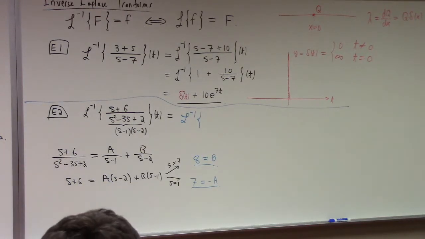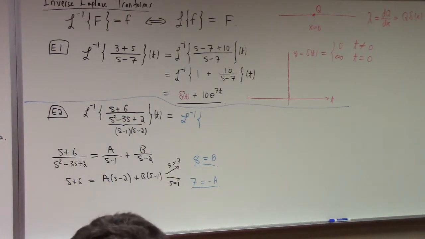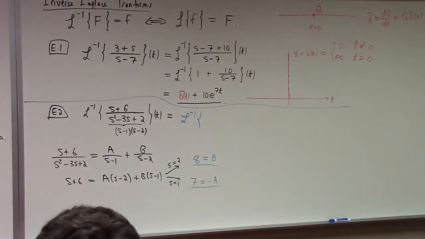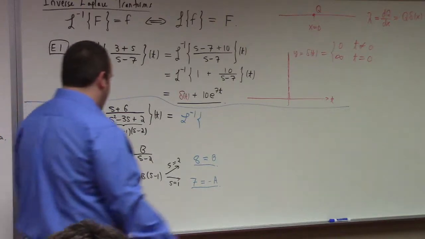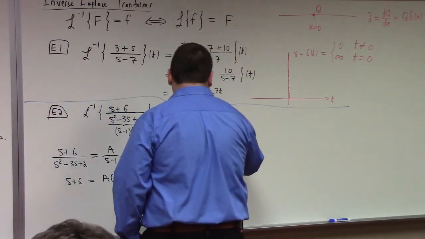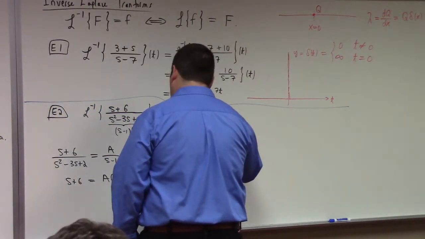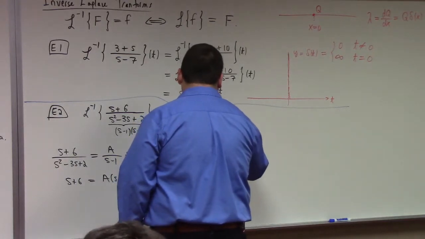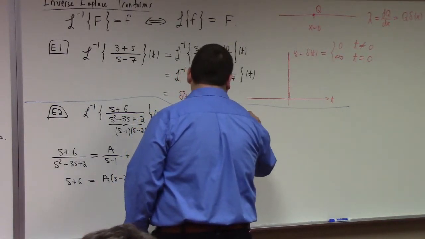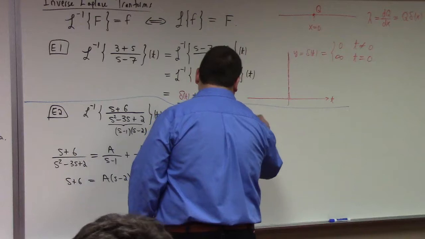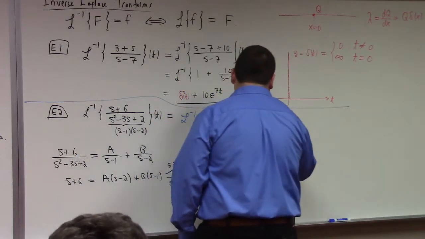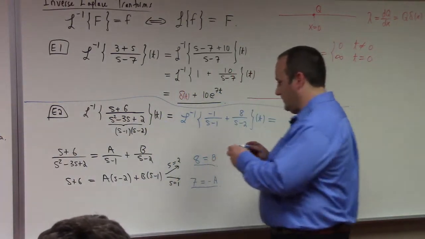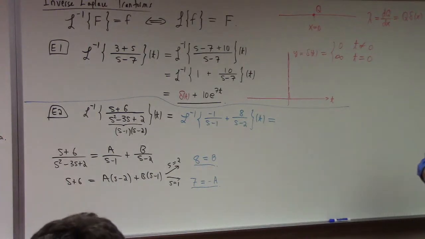If you go back to our table of known Laplace transforms, it's not there. But after I do the math, I've got minus 7 over (s minus 1) plus 8 over (s minus 2). We're good to go. We can use linearity of the inverse transform, and the answer is apparent.